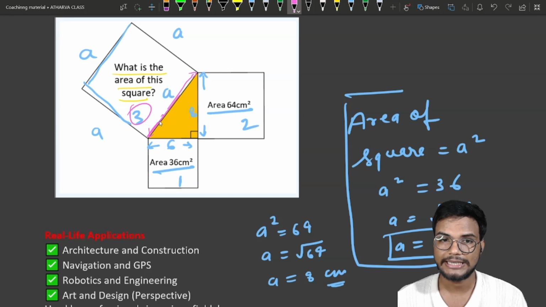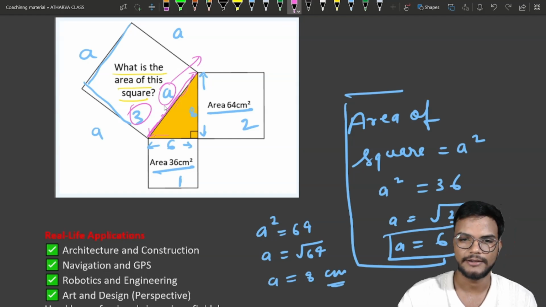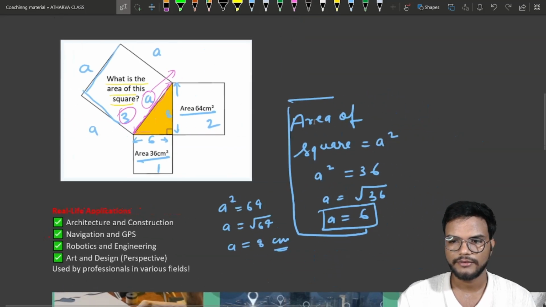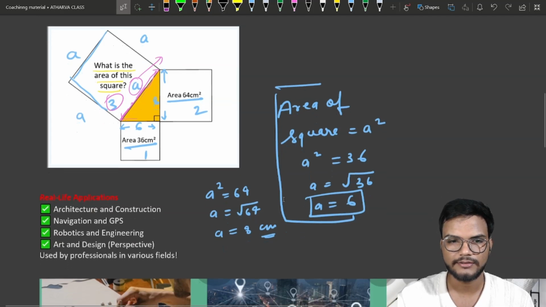So for that you can find the hypotenuse of this right angle triangle, and from here you can get this a, and after finding a, you can find the square's area. So this is how you can do it. There are various problems I can give you, and we will do the whole worksheet at the end.